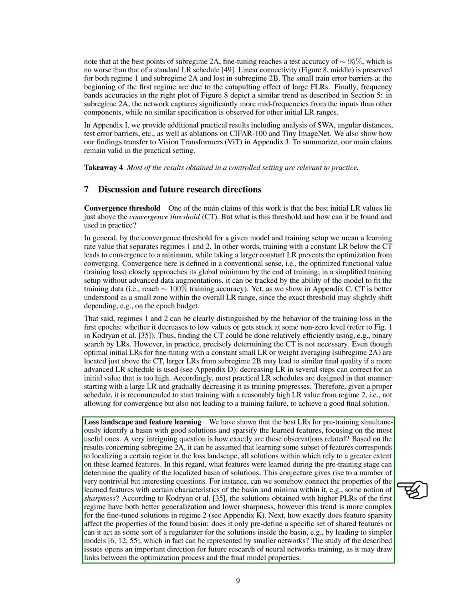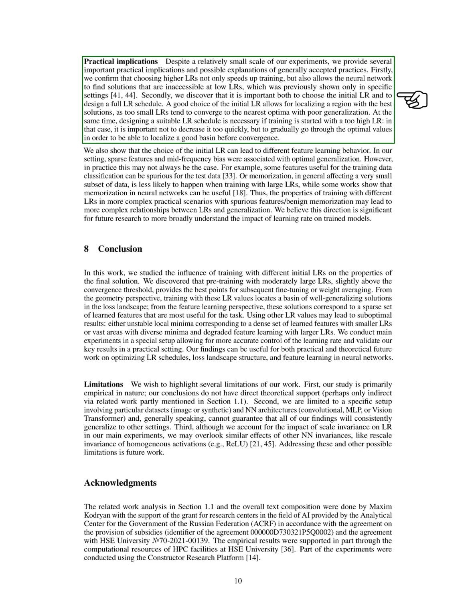Section: Practical Implications. In this section, we highlight several important practical implications from our experiments, even though they were on a smaller scale. First, we confirm that using higher learning rates, LRs, not only accelerates training but also helps the neural network discover solutions that lower LRs cannot reach, which was previously noted only in specific cases.